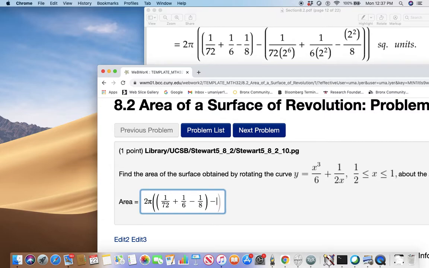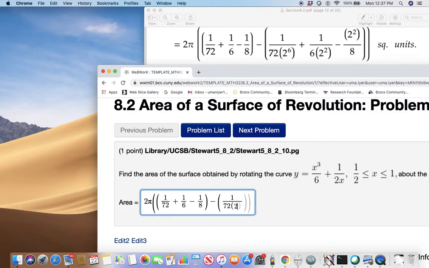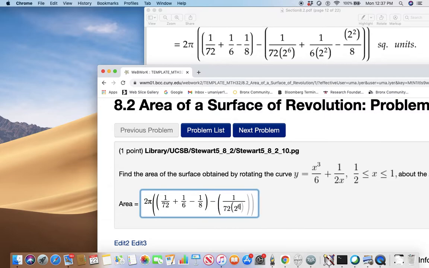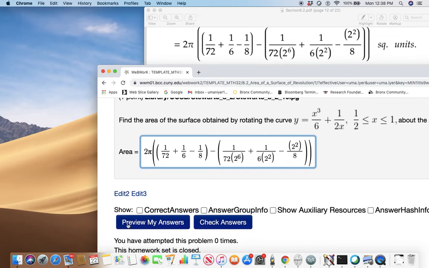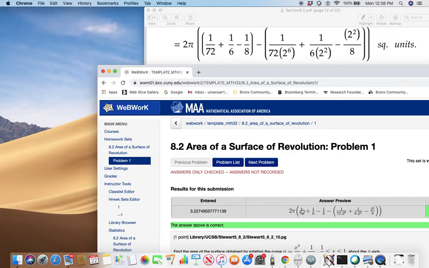WebWork will calculate for me. 1 over 72 times 2 to the power 6 plus 1 over 6 times 2 to the power 2 minus 2 to the power 2 over 8. All right, let's check. Okay, it's correct.